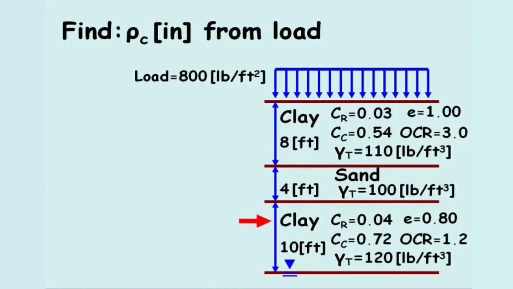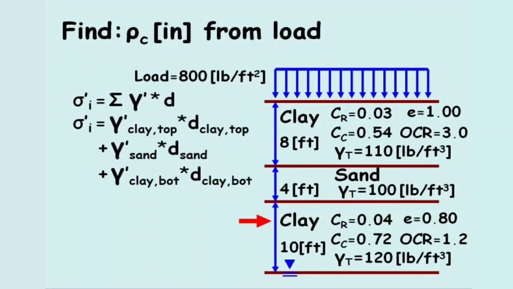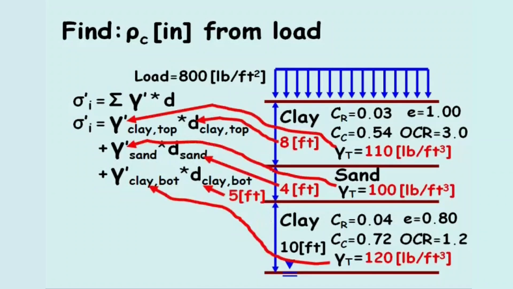Next, we'll evaluate the settlement in the 10-foot thick layer of clay. As before, we determine the vertical effective stress at the midpoint of the layer of clay, where the depth into this 10-foot thick layer will be evaluated where D equals 5 feet. The initial stress is 1,880 pounds per square foot.